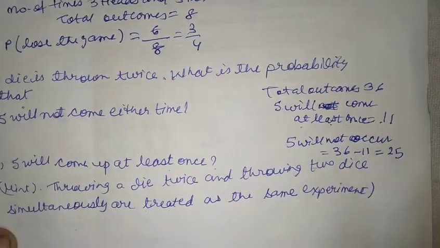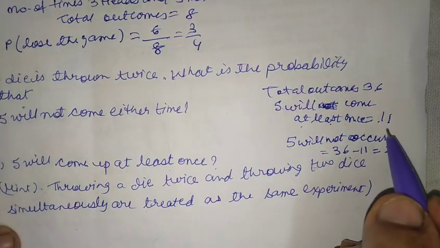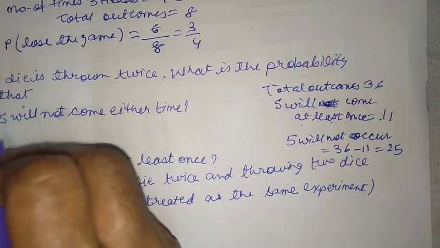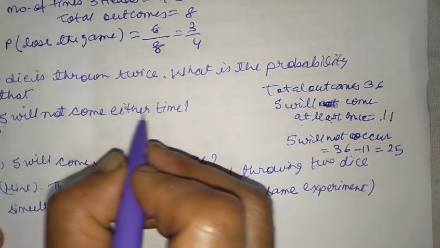So the number of times 5 occurs here is 11, and the number of times 5 will not occur is 25 here. So we have to find the probability that 5 will not come either time.